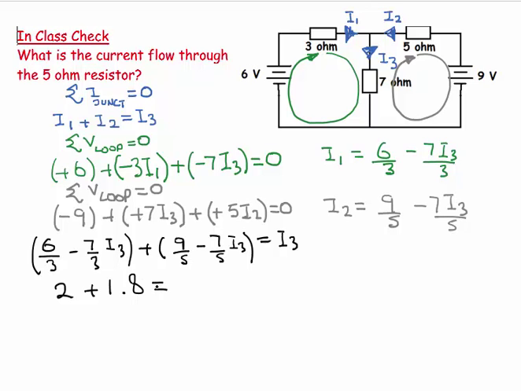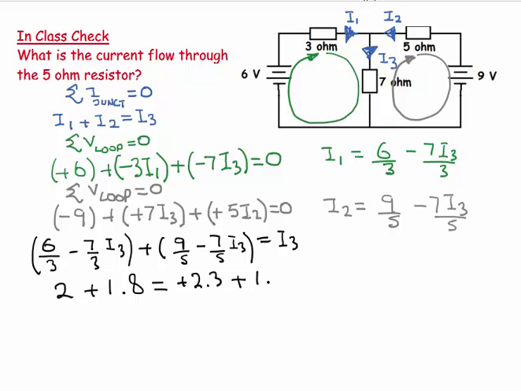7 over 3 is 2.3, and it becomes positive, plus 7 over 5 goes to the other side and becomes positive, which is, oh no, sorry, I'm doing things in my head and it's always a bit dangerous.